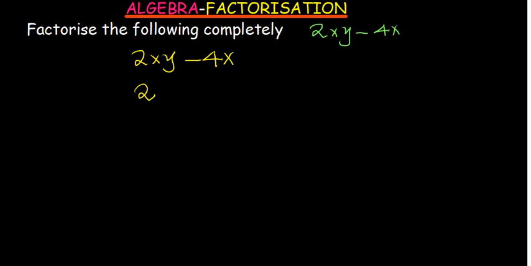So we are going to factorize 2x. If you remove 2x from here, only y is going to remain. And if you factorize out x, that means this x is going to be gone. We are just remaining with a negative 4 here. But remember, we've also factorized out 2 into 4. That is going to give us a 2. So only a 2 is going to remain here. So in this case, we have factorized completely for this one.